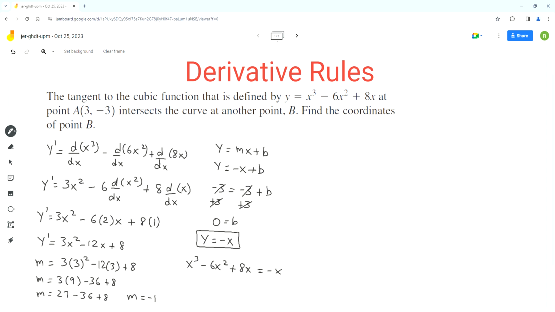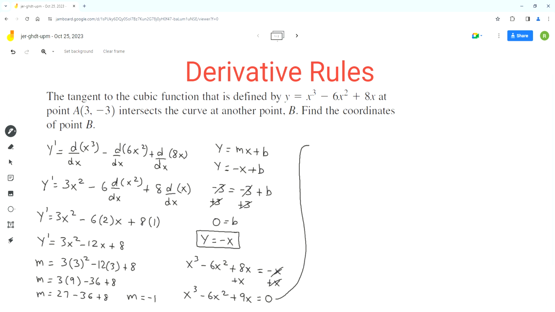So we have to solve this equation to find the value of x at which the tangent touches the curve. So the first step is to move the negative x to the left side of the equation and set the equation equal to 0. So we add x to both sides. So the x's on the right side cancel each other out. So we get x cubed minus 6x squared plus 9x equals 0.